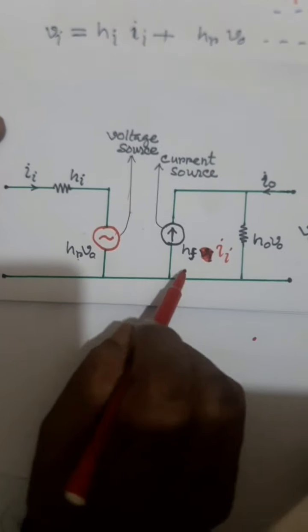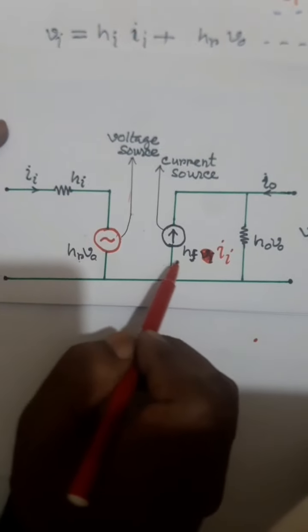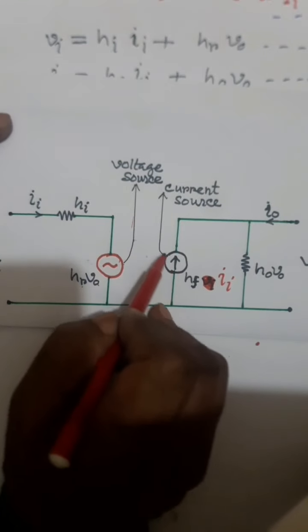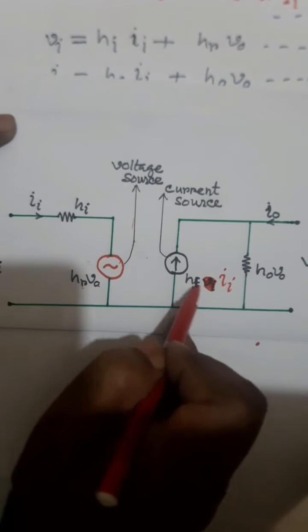It is Hf Ii, and it is a current source. Ii is input current, Hf is forward current ratio. It is a current source. Thank you.